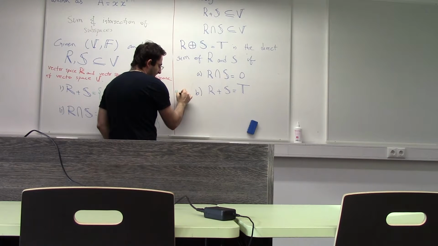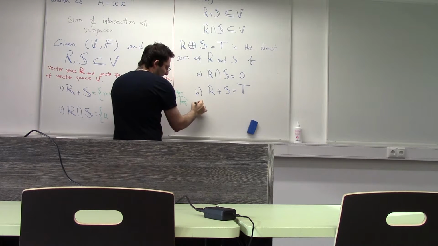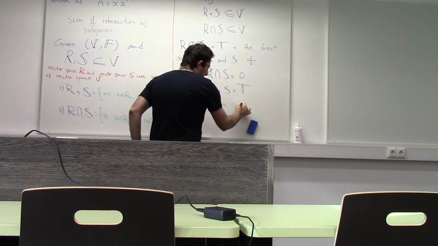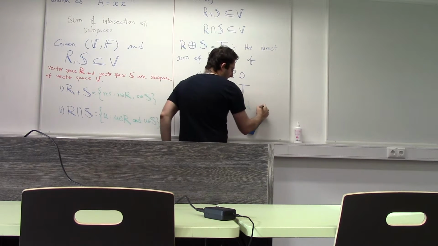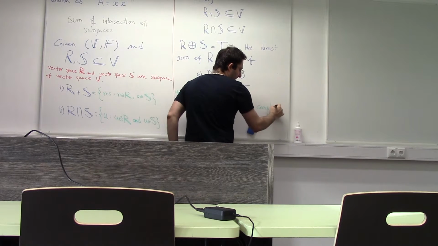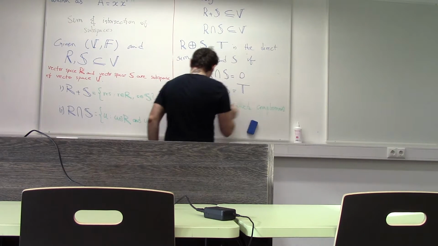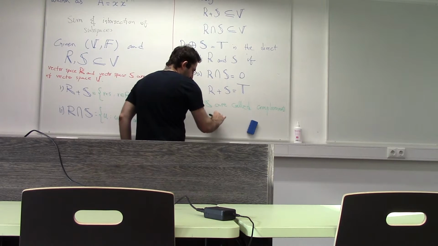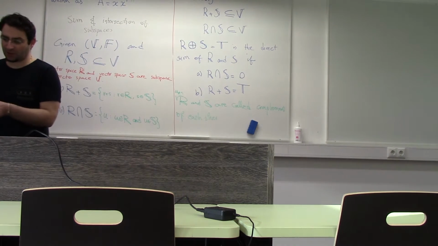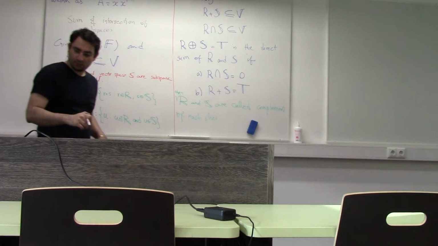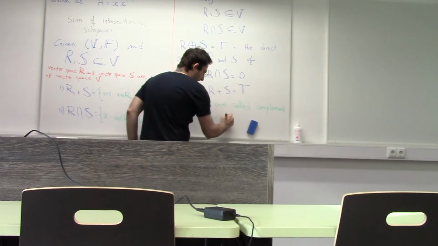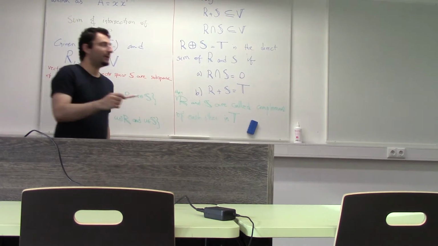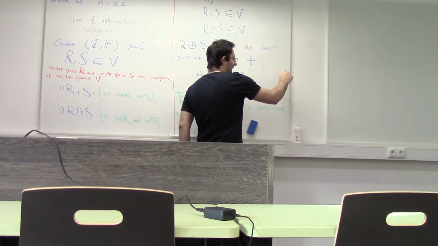Then R and S are called complements of each other in T. You remember in probability and statistics we had this.